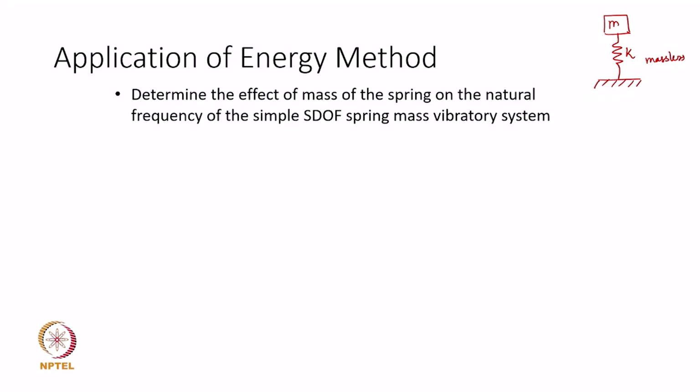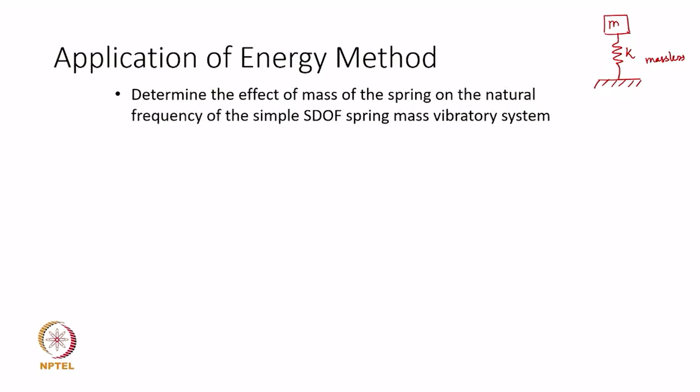However, suppose the spring has significant mass, how do I account for the spring's mass in obtaining a more accurate estimate of the natural frequency? Because if the mass moves and oscillates with a certain velocity, the entire spring is also moving.